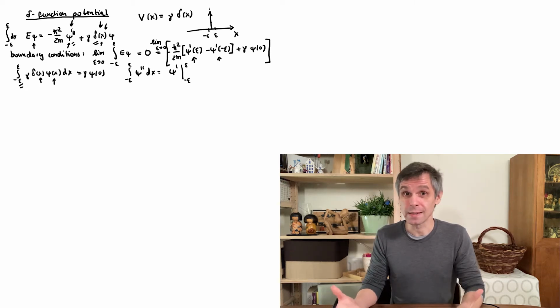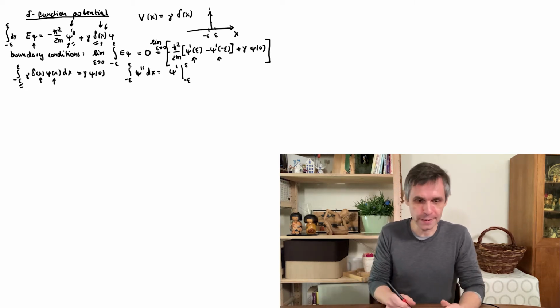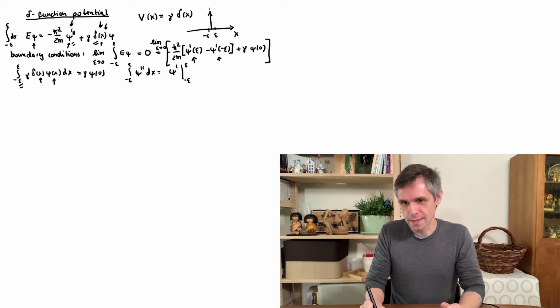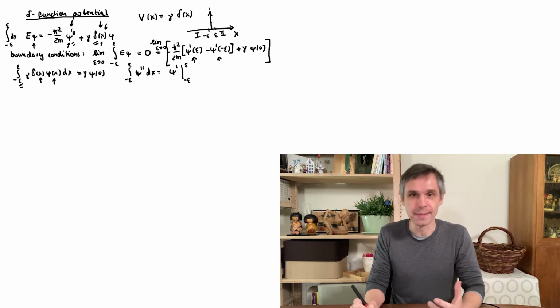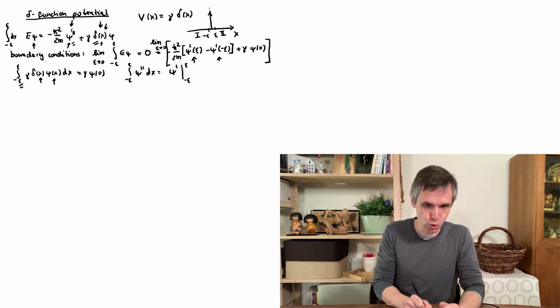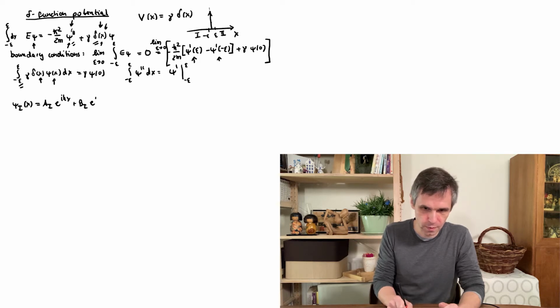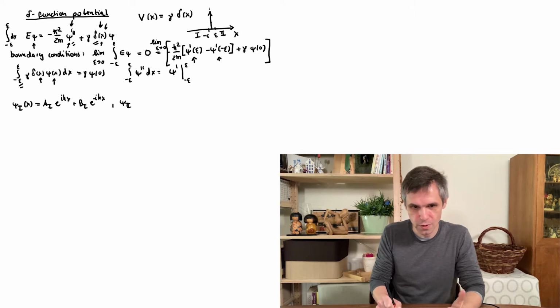This allows us then to solve the problem in the following way. First of all, let's agree again that we have two regions 1 and 2, and inside there we just have plane wave solutions. Again with some arbitrary coefficients. Just as written here.